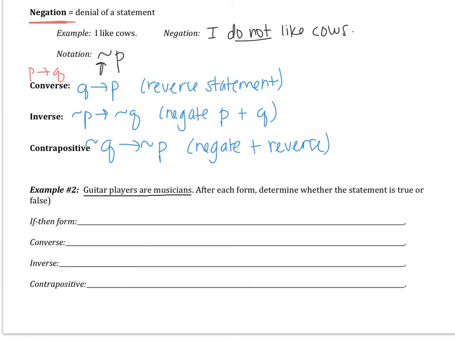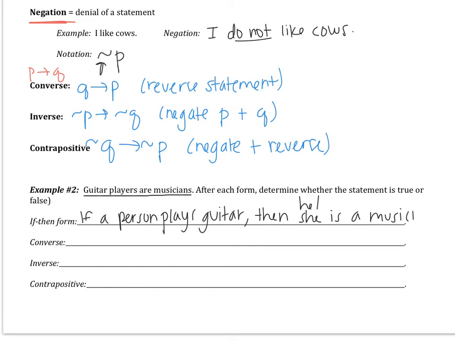So in if-then form, we would write, if a person plays guitar, then he or she is a musician. Okay, that would be if-then form. This would be a true statement. If you play guitar, you're a musician. That's true.